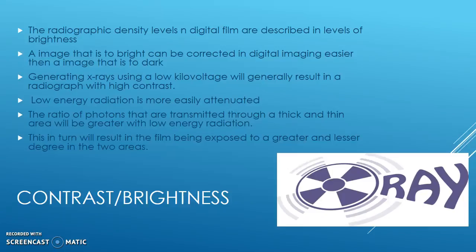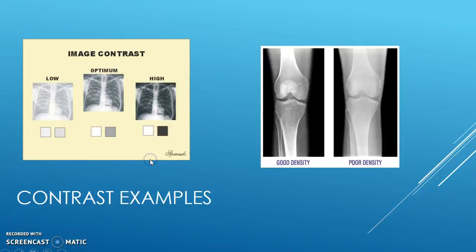Low energy radiation is more easily attenuated. The ratio of photons that are transmitted through a thick and thin area will be greater with low energy radiation. This in turn will result in the film being exposed to greater and lesser degrees in the two areas.